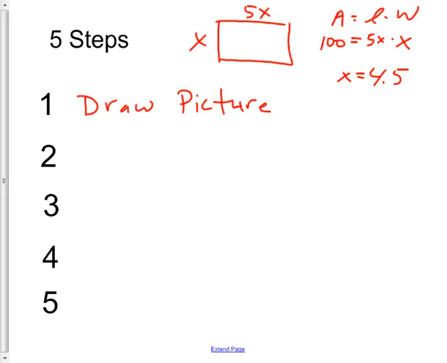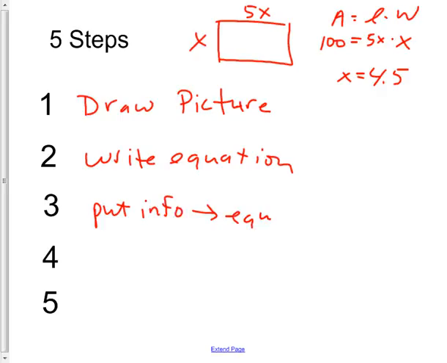The next step is, what did you see me do next when I solved my little pre-calc problem that I'll have to do next year? Write the equation. Next step, after you write the equation, you take your info and put it into your equation. Put info into equation. I've done all that.